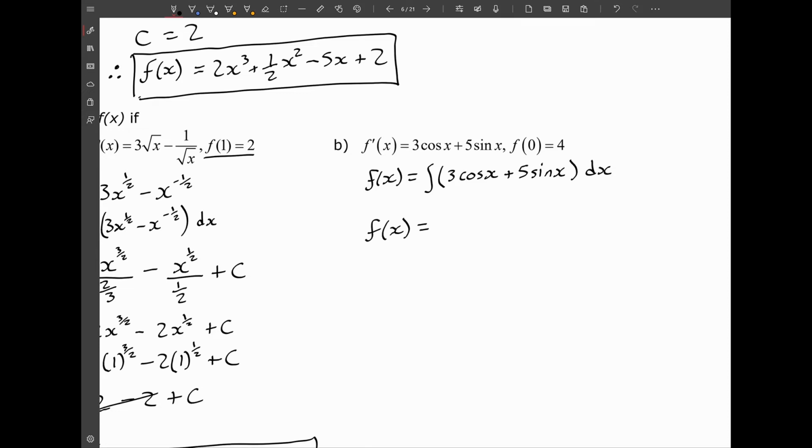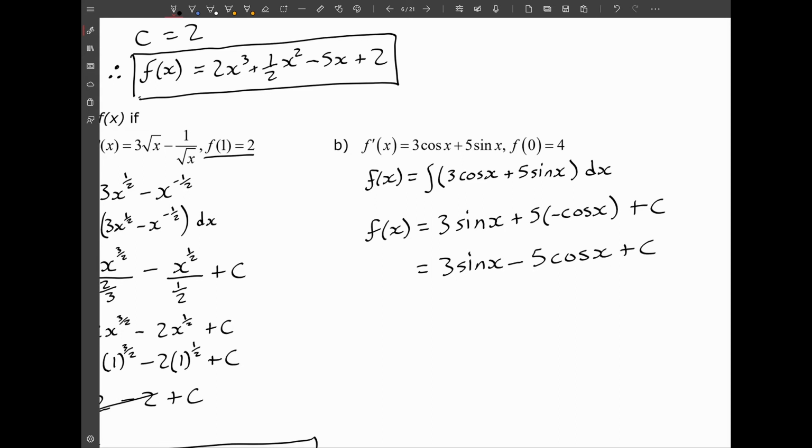We know that the antiderivative of cos x is sine x, so this is going to be 3 sine of x. We know that the antiderivative of sine x is negative cos x, so this is going to be plus 5 times negative cos of x plus c, or just 3 sine x minus 5 cosine x plus c.